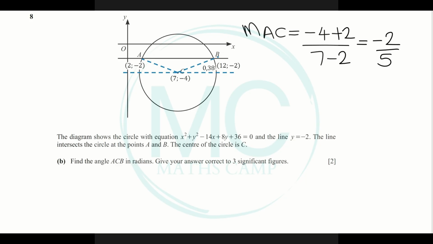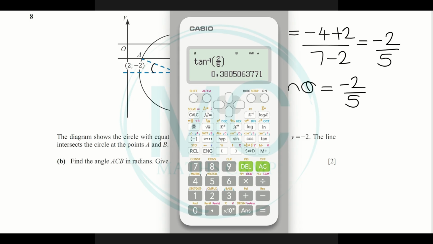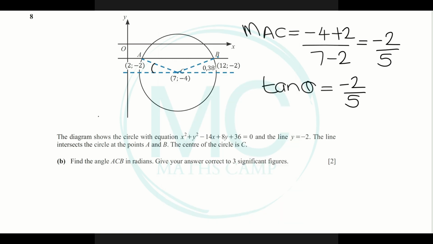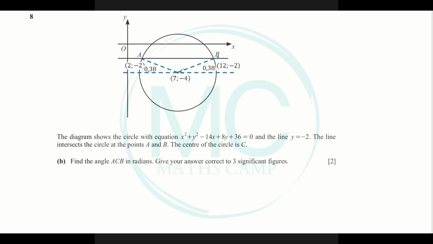So to find the acute angle, this one here, I can say tan theta is equal to negative 2 over 5. Take my calculator, shift tan, negative 2 over 5, close the bracket, is equal to negative 0,38. Now, the reason why the angle is negative is because the gradient of the line is negative, but this is still an acute angle. So this angle is also 0,38 radians.